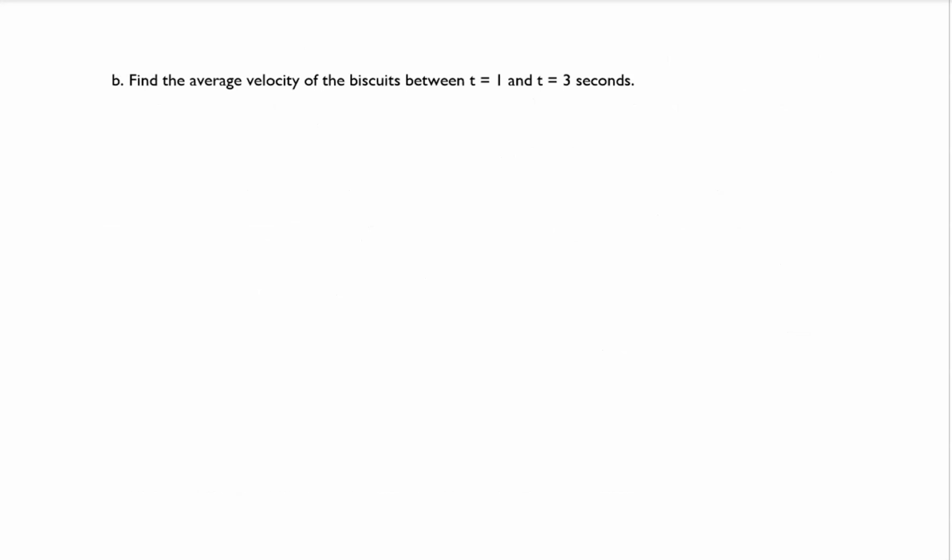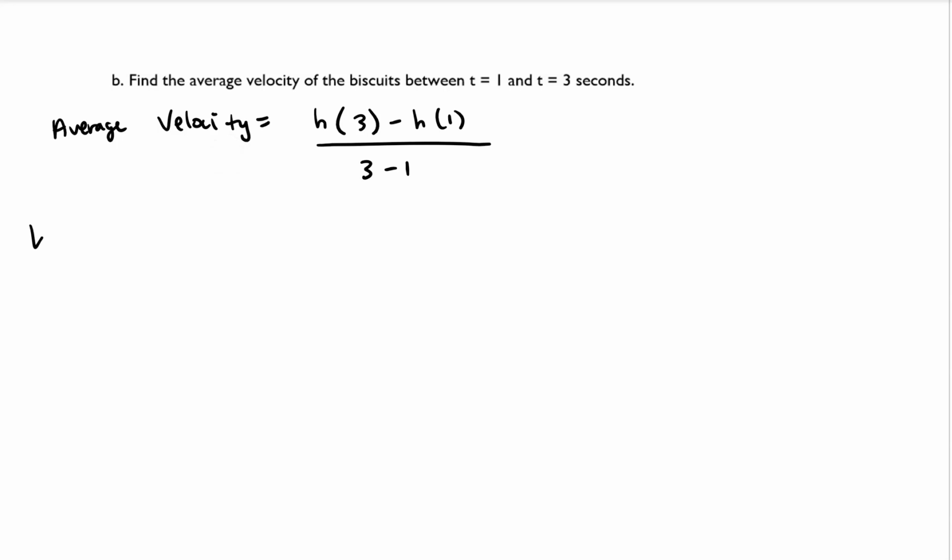Part B says find the average velocity of the biscuits between t equals 1 and t equals 3 seconds. So average velocity is basically the average rate of change. So we want to calculate h of 3 minus h of 1 and divide that by 3 minus 1.